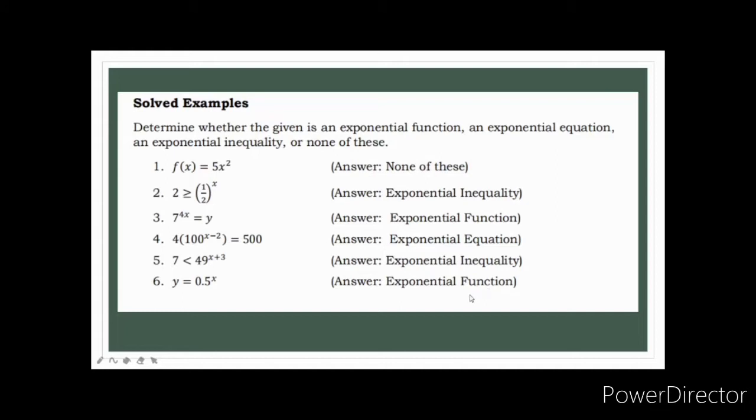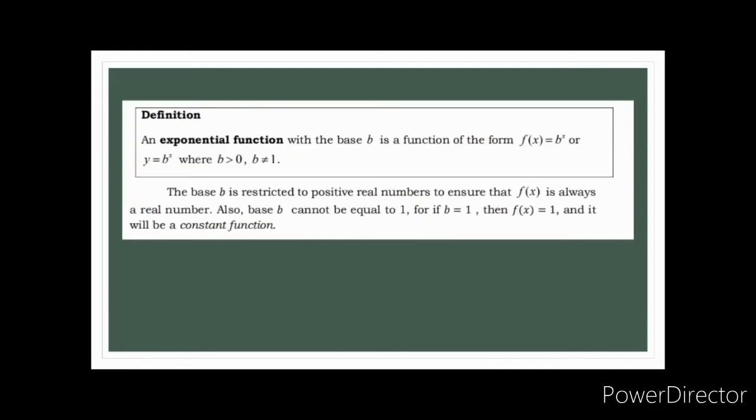Let's have another definition. An exponential function with the base b is a function of the form f of x is equal to b raised to x, or y is equal to b raised to x, where b is greater than 0 and b is not equal to 1.